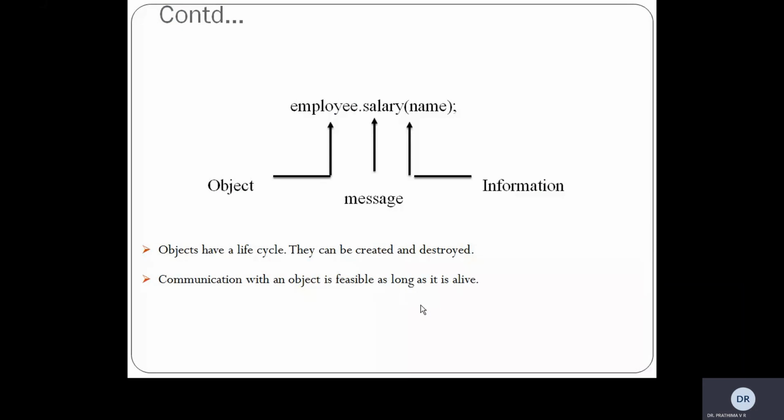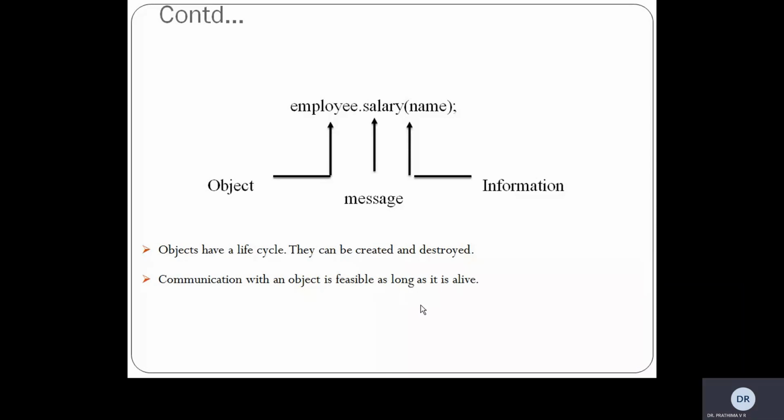And here the argument which is filled with a variable as name is defined inside a class. So we can note here employee is acting as an object, salary is a message, and name, which I am trying to look at in this example, is information.